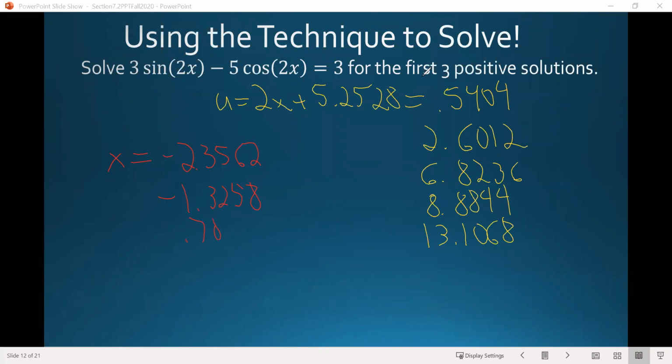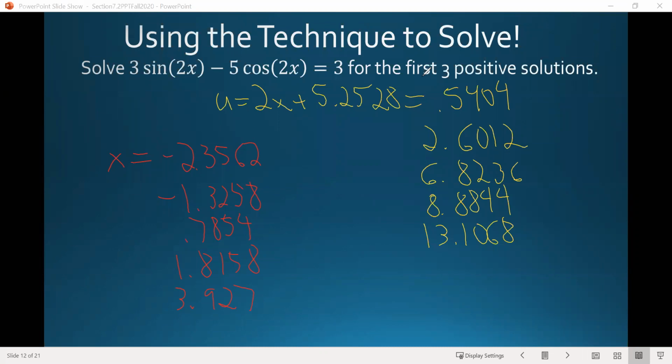Then 0.7854. 1.8158. And 3.927. Okay, and again, that's just taking each of the yellow angles there, setting them equal to 2x plus 5.2528 and solving for x.